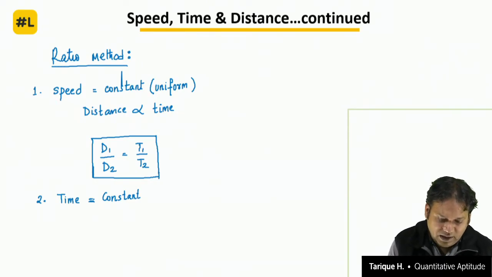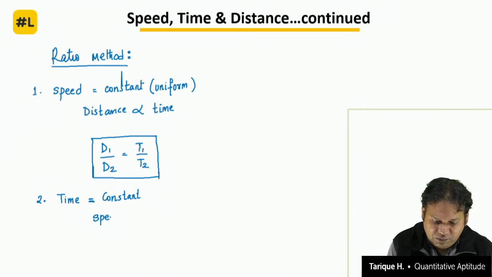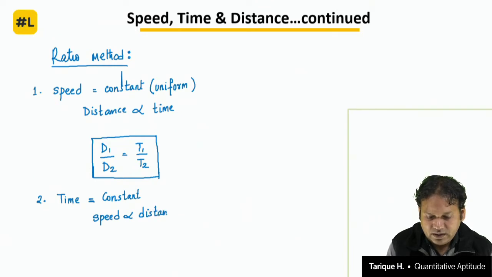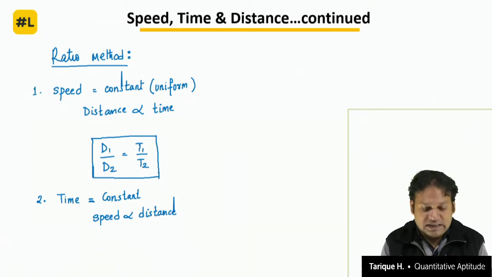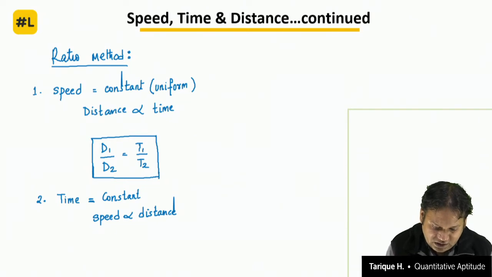So, we can say that when time is constant, speed is directly proportional to distance. More speed, more distance, less speed, less distance, right. So, that is the thing here.